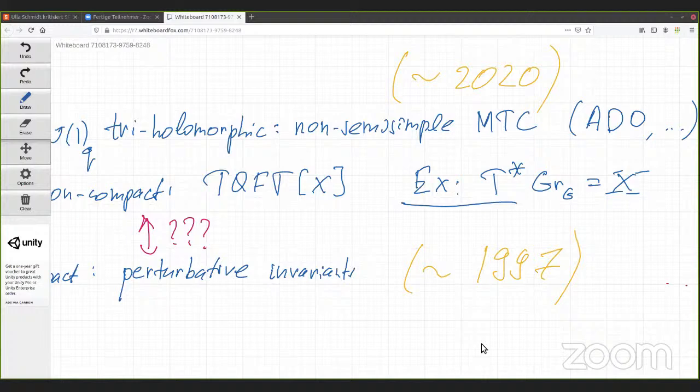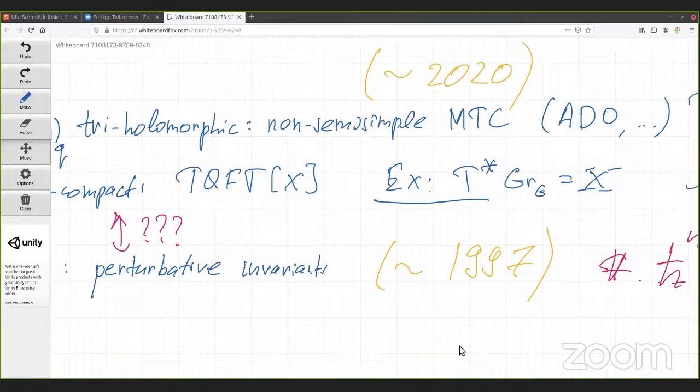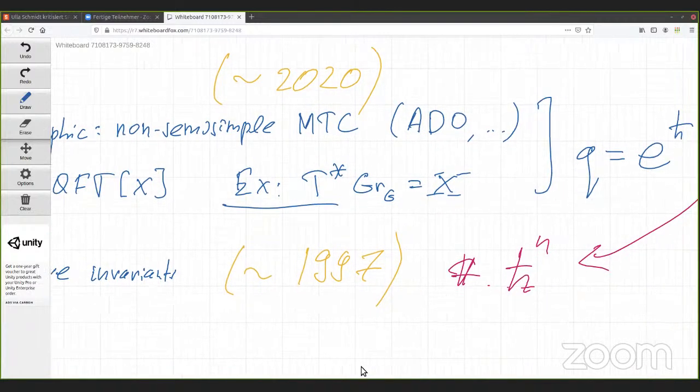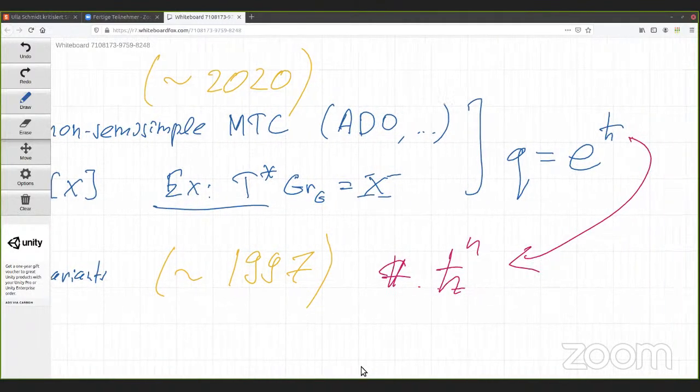So in other words, here we get some number times h bar to the power n. So these are expanded around completely different points in a complex Q plane.